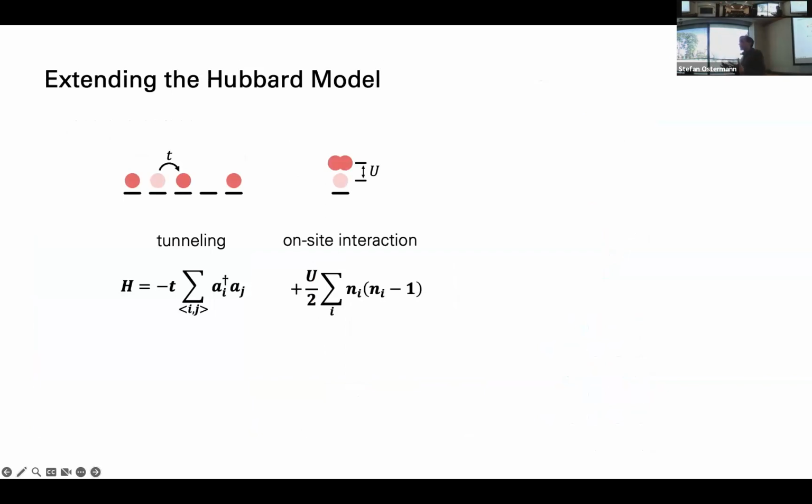Good. And so with all that, we can have a lattice. We can image in the lattice nicely. And so now let's try to do Hubbard physics there. So we start with bosonic atoms here in one spin state. And so we have tunneling. We have onsite interaction.